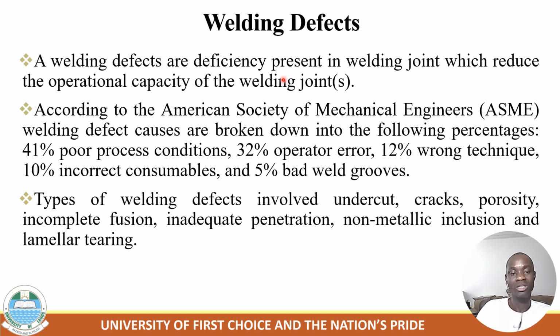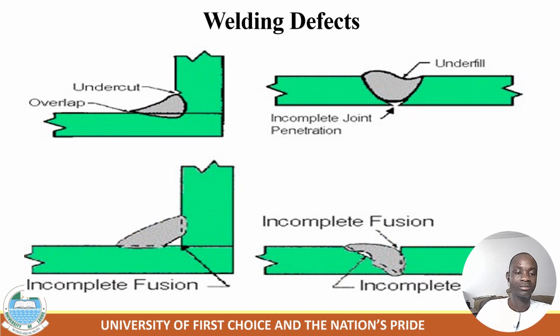But mind you, in engineering, you have to make sure you attain excellence for the correct functionality of the projects you design. Types of welding defects involve undercut, crack, porosity, incomplete fusion, inadequate penetration, non-metallic inclusion, and lamellar tearing. These are examples of the welding defects that we have.